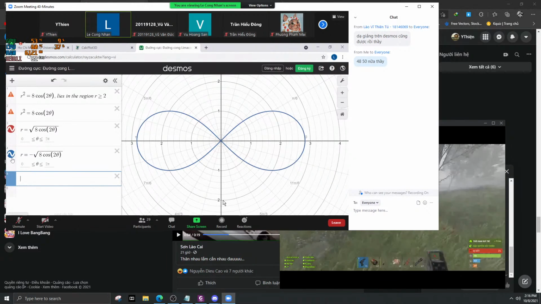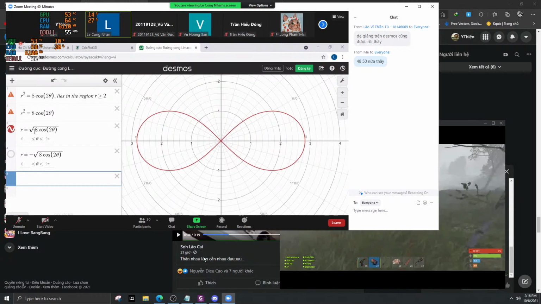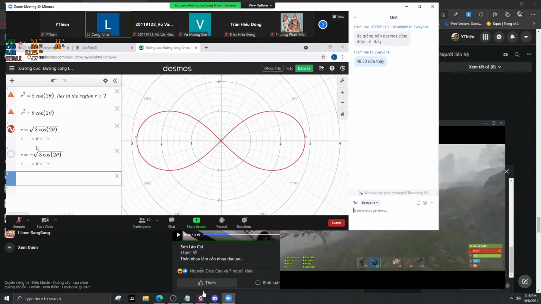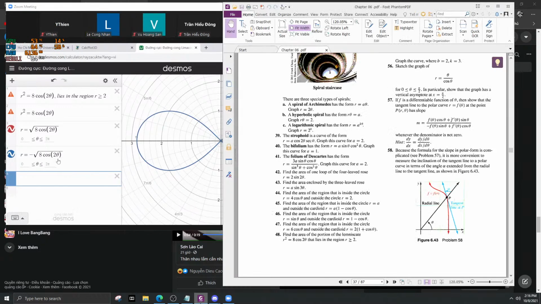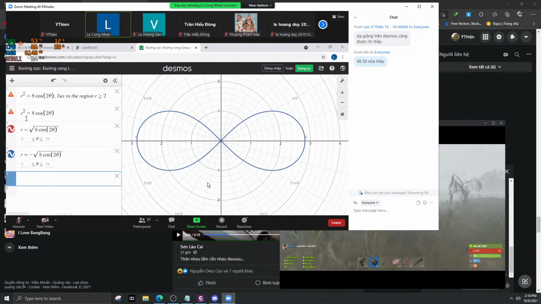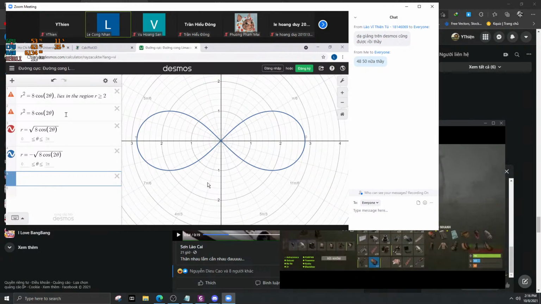The vector where r equals a and the I component a times cosine 2 theta. Combine these two curves, we get the curve equal to a times cosine 2 theta.